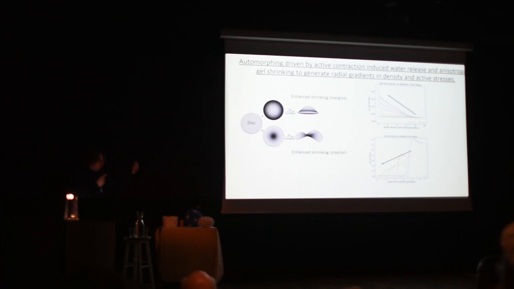It cannot contract too much, and you can see it here. So in the case of a very thin disk, the density of the network is very, very low relative to the one of the periphery. This is why originally you get a very dense rim, and when it continues to contract, the only thing that will be able to continue to contract is the center. So then you get wrinkling.